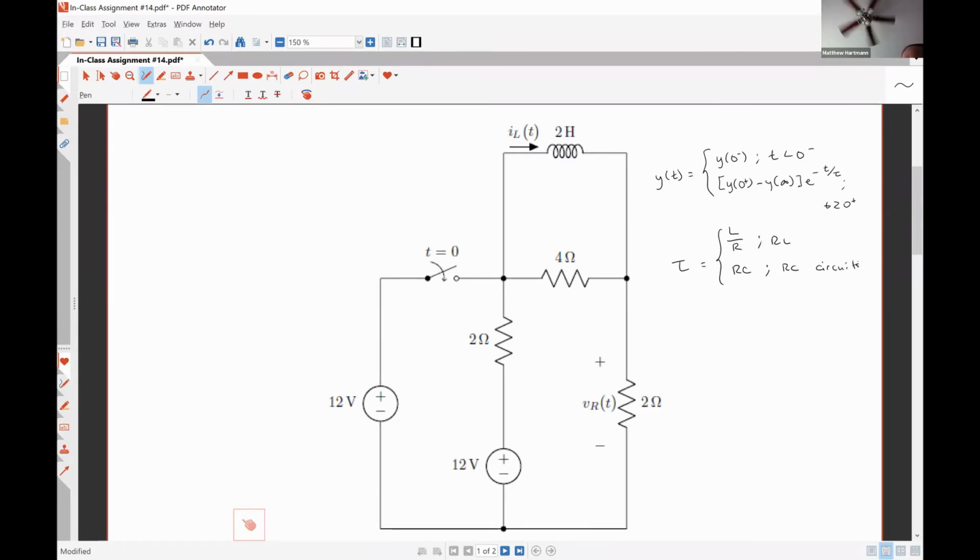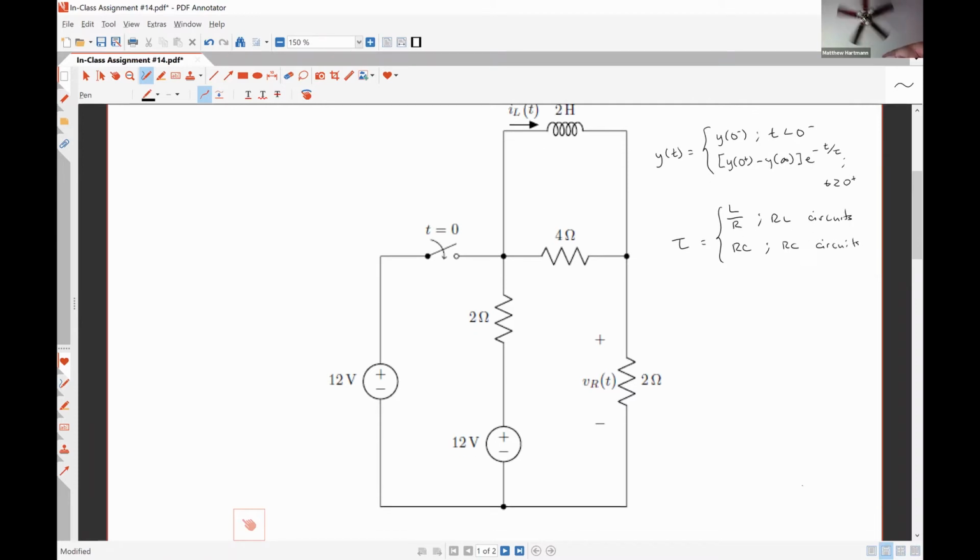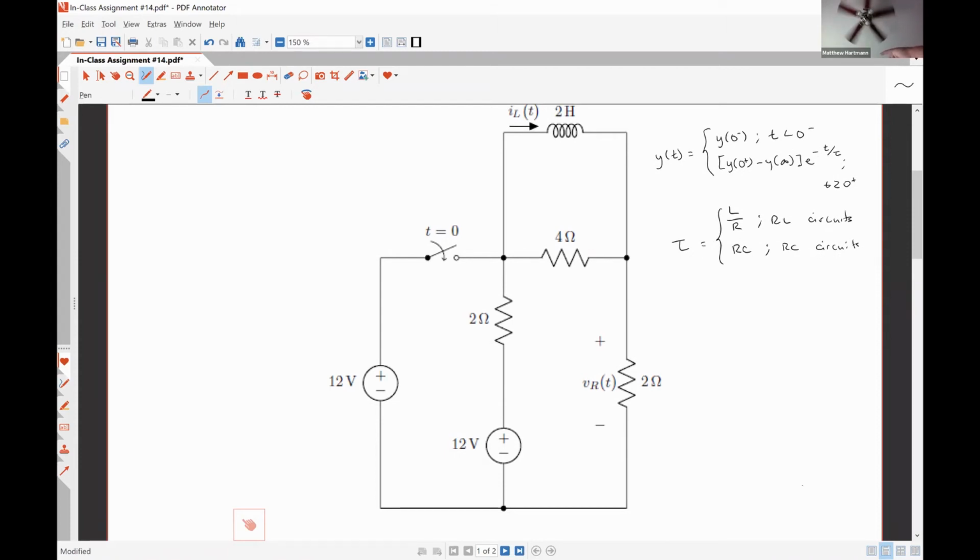So we now have one generic expression for everything. All right, so with that in mind, let's analyze this circuit at t equals 0 minus.